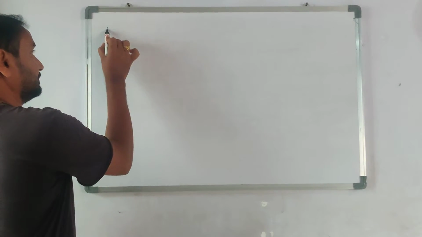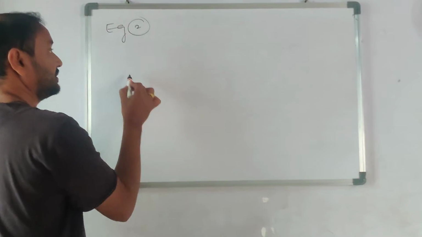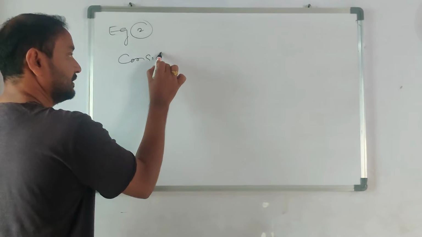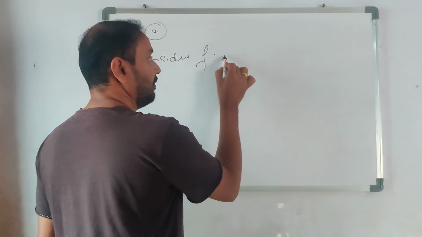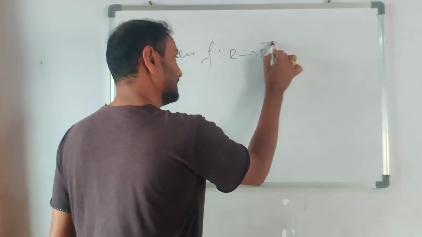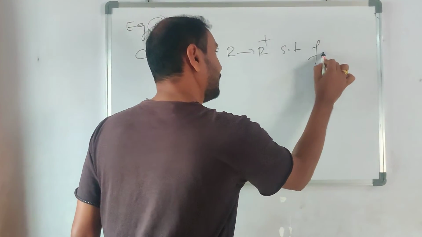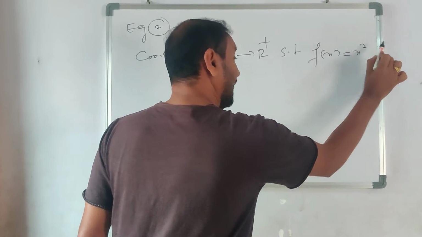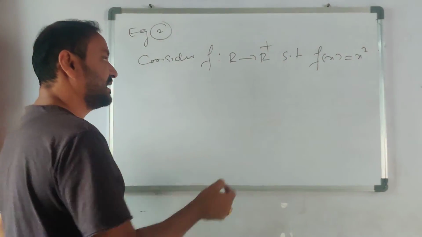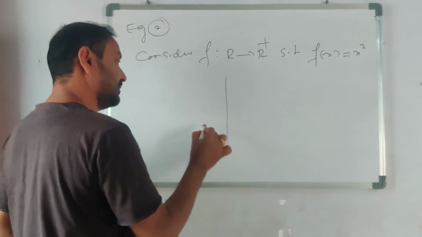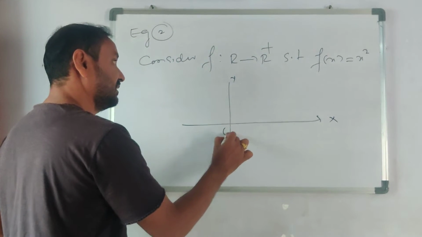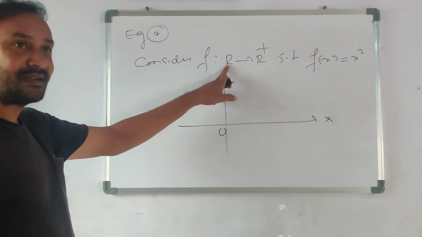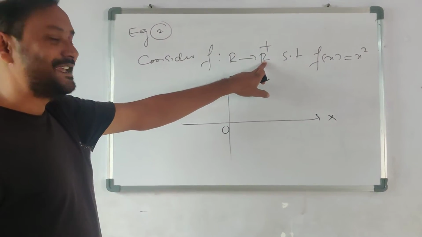Example 2. Consider f from R to R plus such that f of x equals x square. I am explaining on one example, same problem. Take the graph. But here, according to the given problem, domain is R but codomain is R plus.